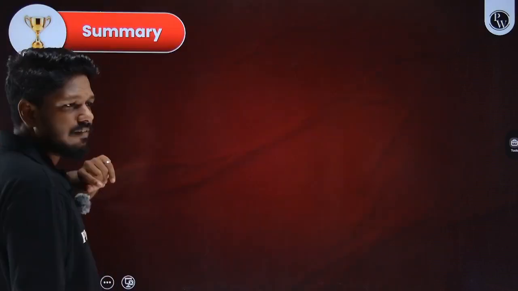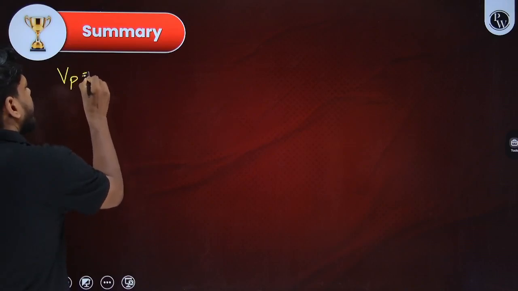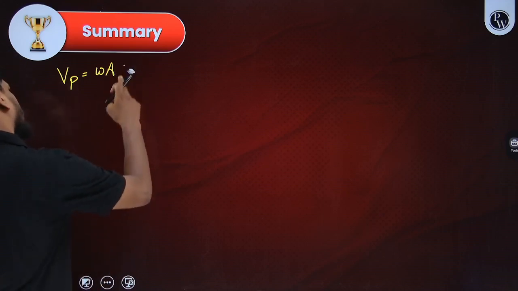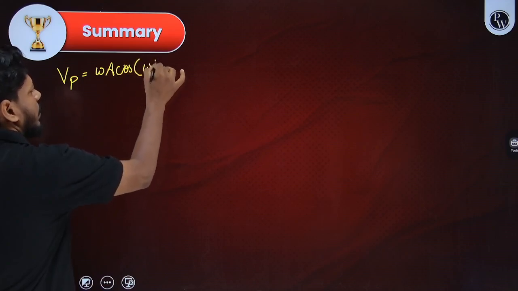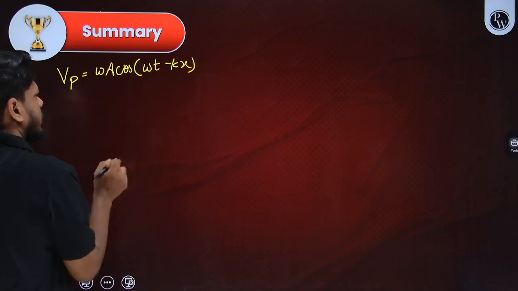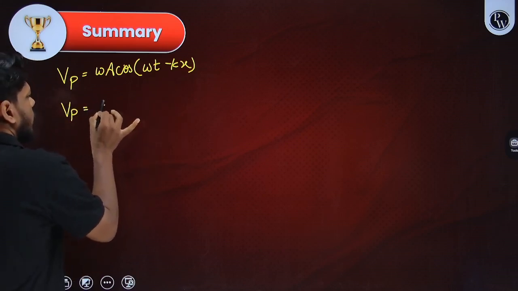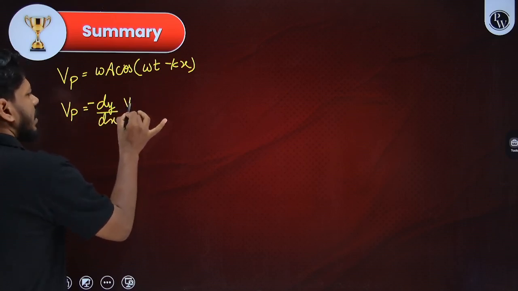What are the things we covered in today's lecture? We covered how to find the velocity. So velocity of particle is equal to omega a cos of omega t minus kx, something like this, right? Velocity of a particle is equal to negative of slope times velocity of wave.